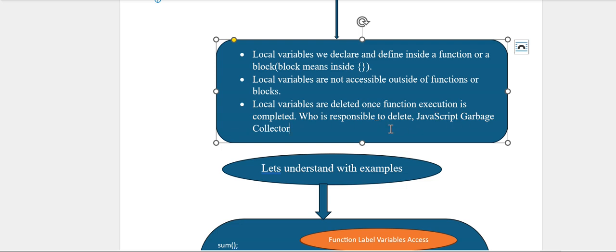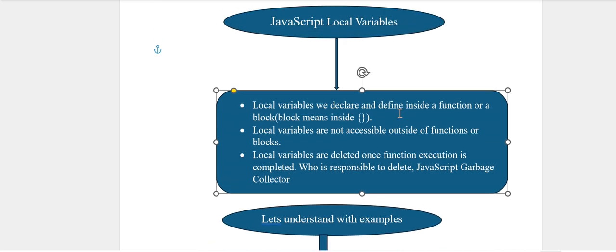The garbage collector plays the main role here. It is responsible for deleting the functions or variables that we are not using in the next code.